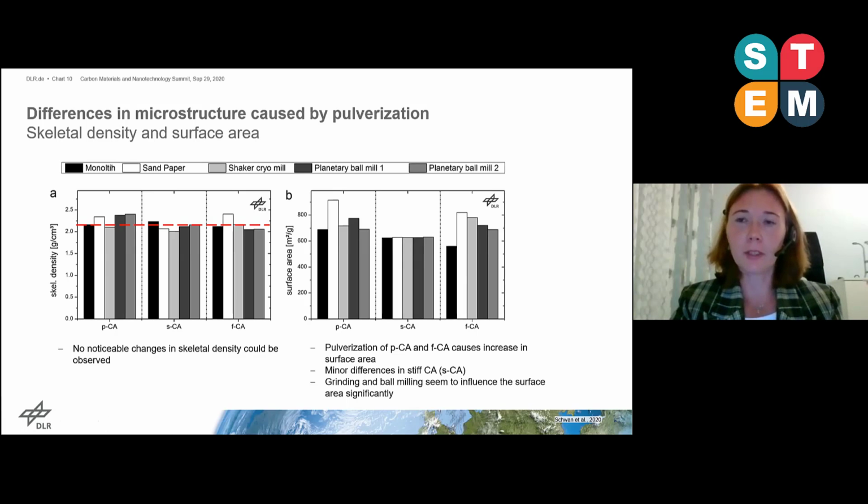The flexible aerogel is a very, very soft aerogel, so even after very low energy impact grinding, we could change the structure, which was not expected. And also with the other techniques, the shaker cryomilling and the ball milling, we could increase the surface area of the sample.